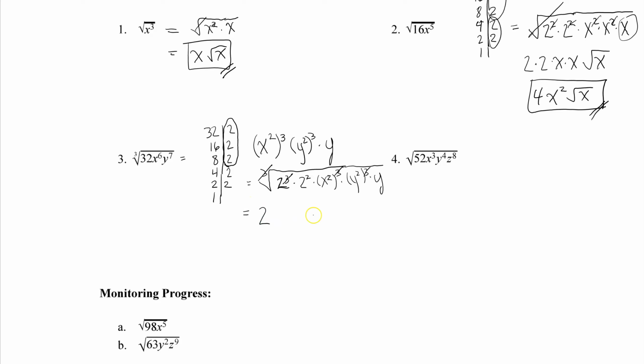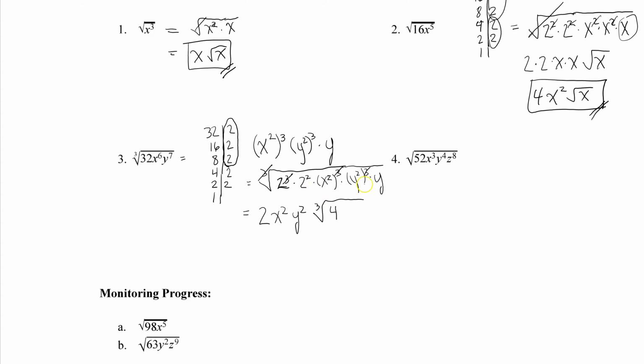2. 2 squared stays inside the radical, so that would be 4. But let's see, then we've got x squared, y squared, and then we have inside the cube root, 2 squared is 4.